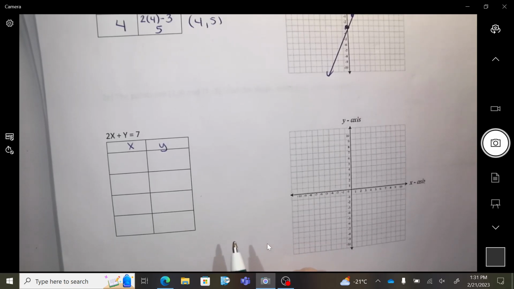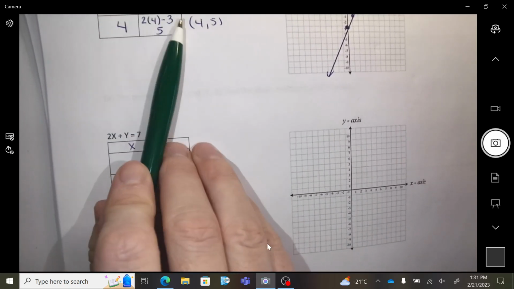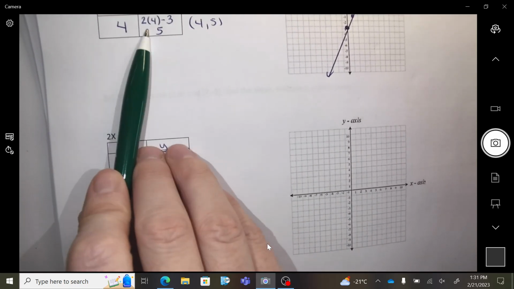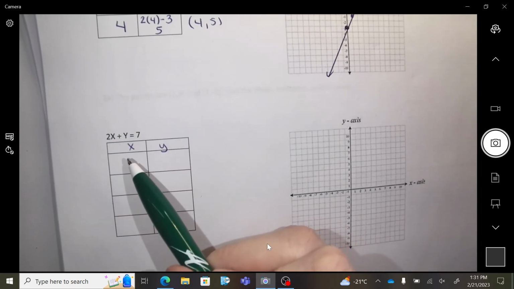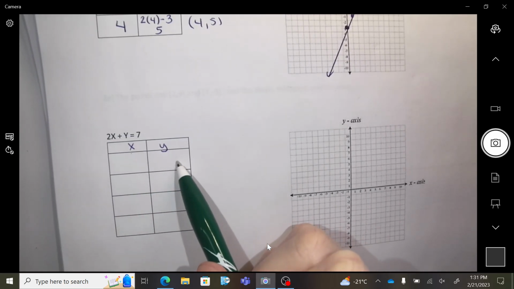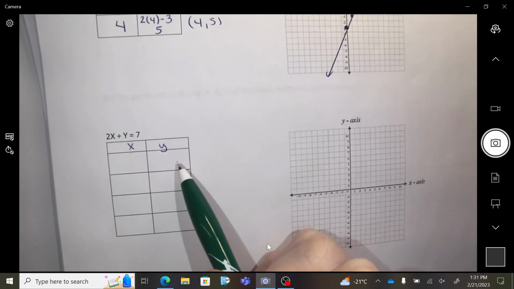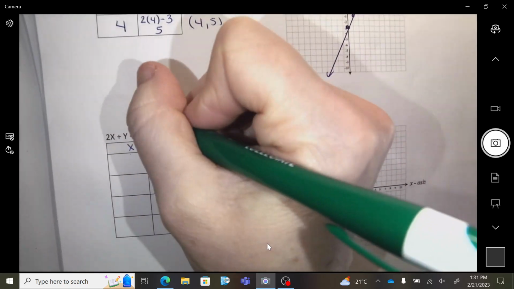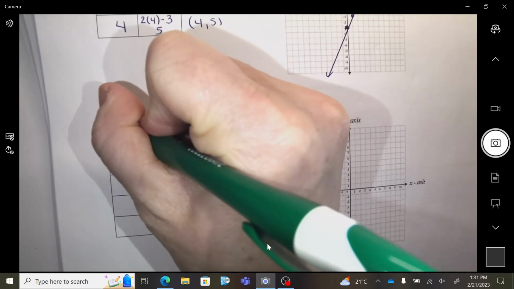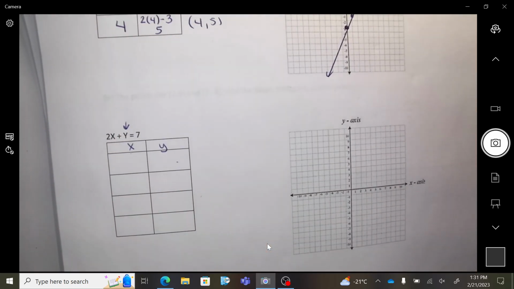Okay, do you know about math when I say the words input and output? We were inputting an x and it got me out a y, right? That's an input-output. So I'm going to input an x and I'm going to get out a y. You know what makes your life easier is if you have y alone. Okay, so how would I get y alone?